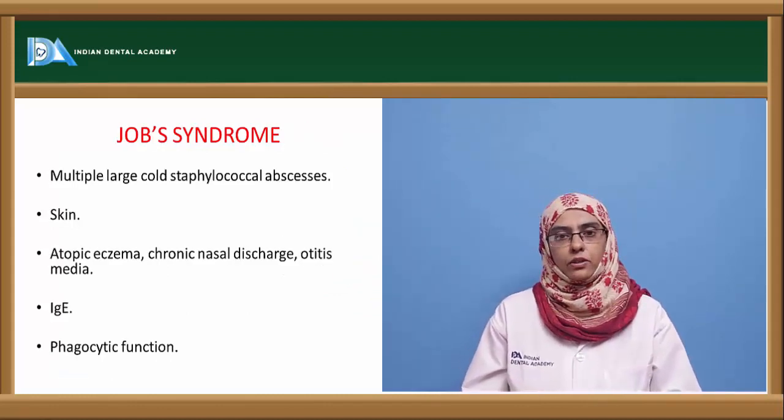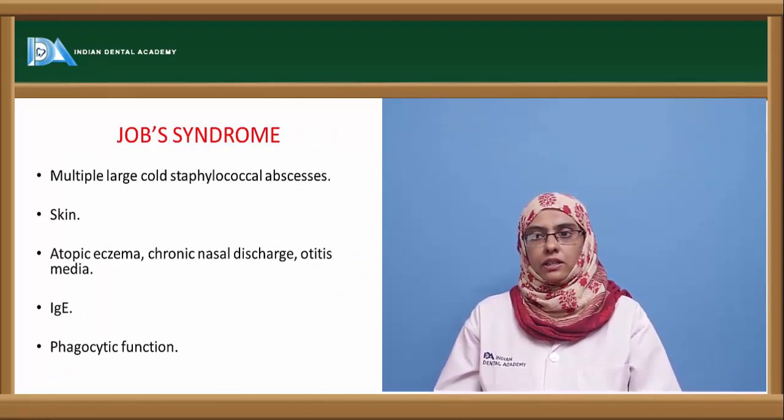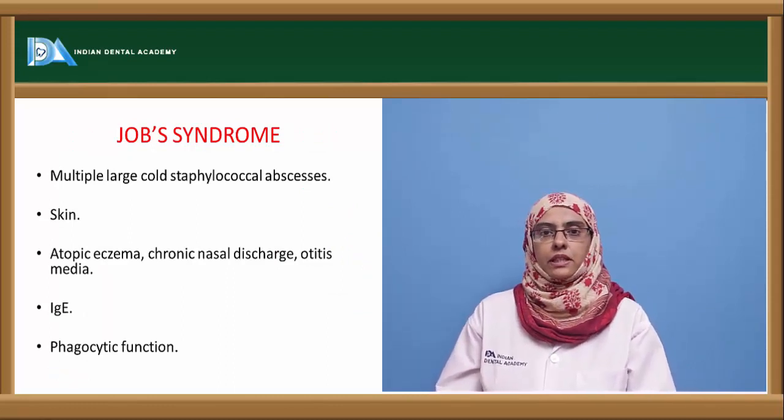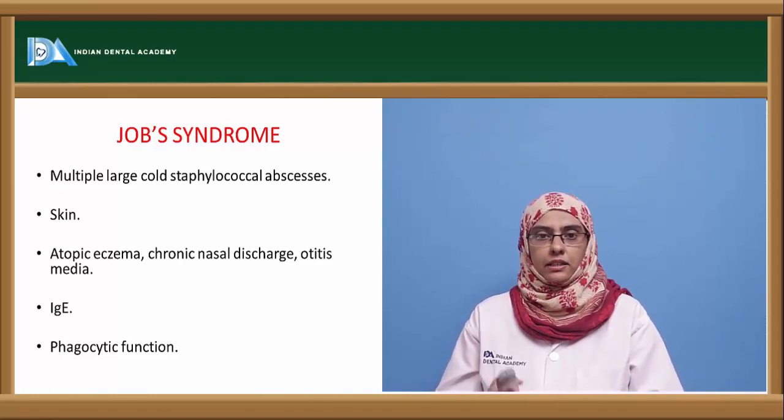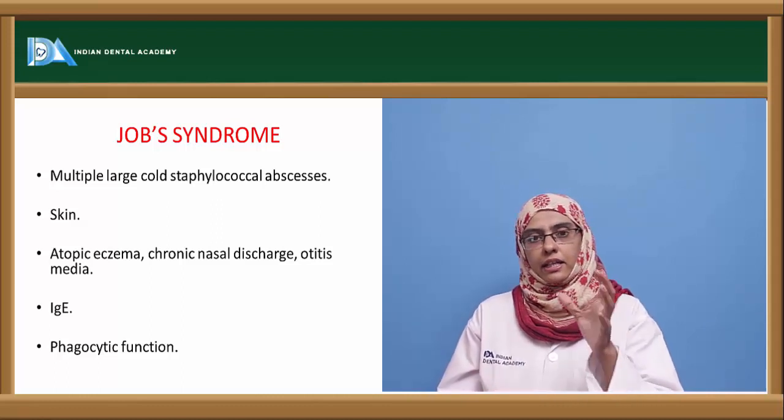Next is Job syndrome, associated with staphylococcal disease. Cold staphylococcal abscesses can be seen in the patients, and it usually initiates at 37 degrees centigrade, and it is seen only at chilling temperature.